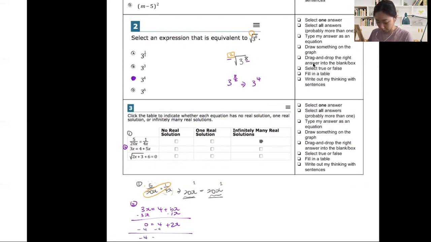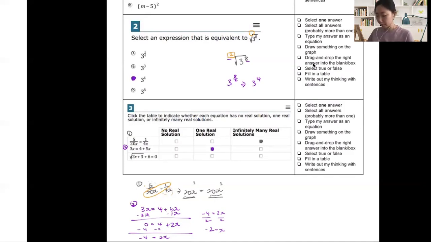So we have negative 4 equals 2x. And last step is to divide by 2 on both sides. So dividing by 2 will end with the result x equals negative 2. So that's just one solution. So we know that there is one real solution when x equals negative 2.